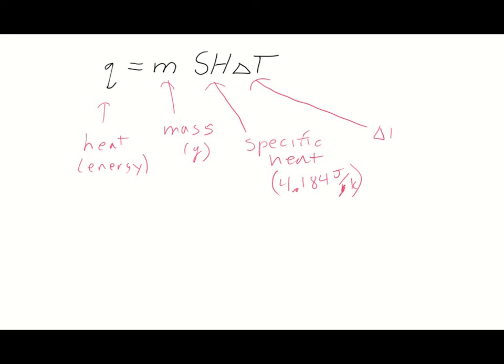Delta T is the temperature change, and the temperature change is always the temperature final minus the temperature initial.